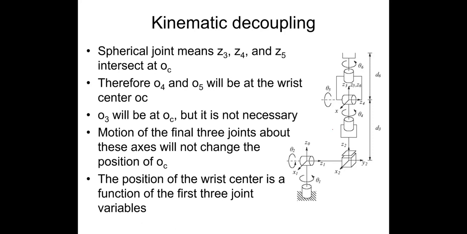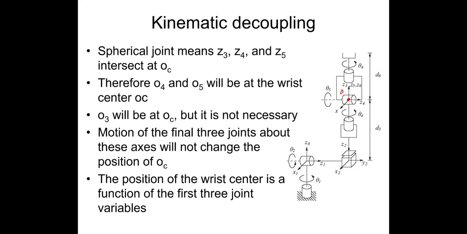So now let's take a look at this diagram, which we have seen in the forward kinematics problems. We use this one as an example. So let's see, what is OC? OC is the spherical wrist center, in this case right here.